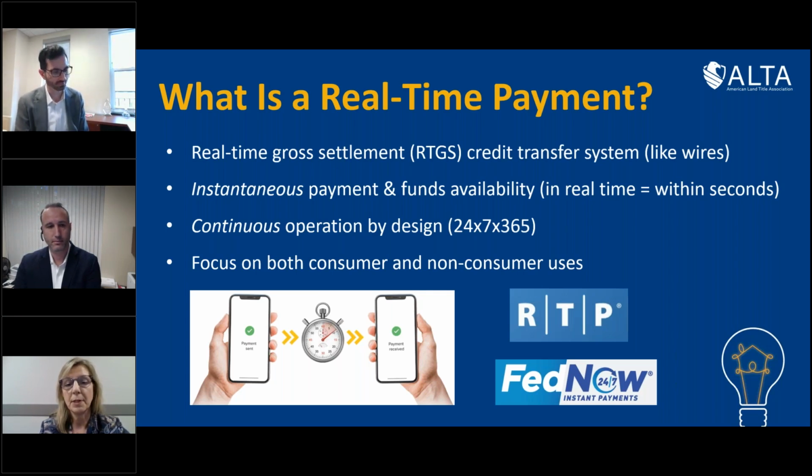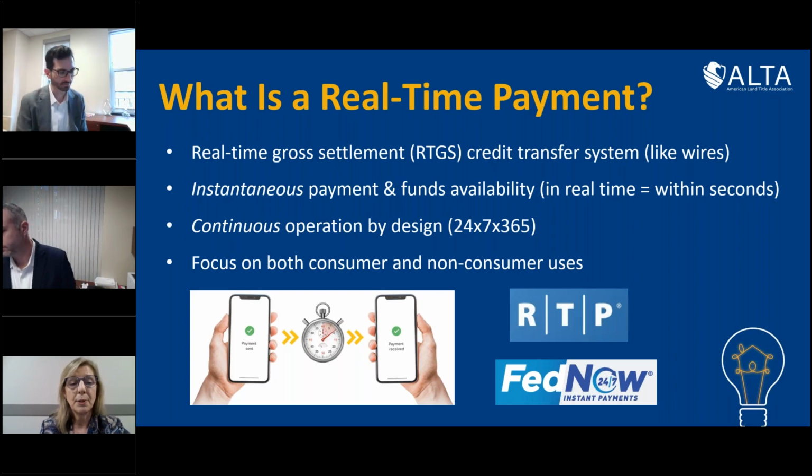That is, each payment is handled one-by-one between participating banks by individual debits and credits to their Federal Reserve master accounts. However, unlike a wire, where as Michael discussed the processing time can stretch for hours or even days, in a real-time payment, the entire transfer happens instantaneously, within a matter of seconds.